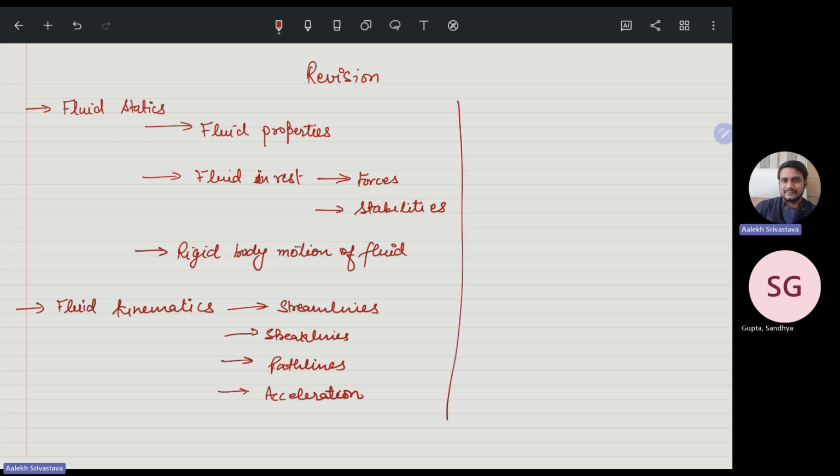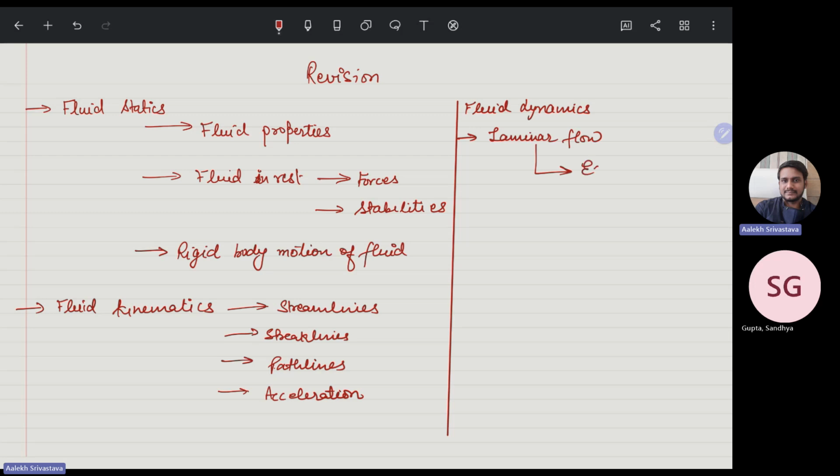Then we had studied about fluid dynamics, where we had studied laminar flow. And in laminar flow, it has two parts, external flow and internal flow. And then in external flow, we had studied about the boundary layer.